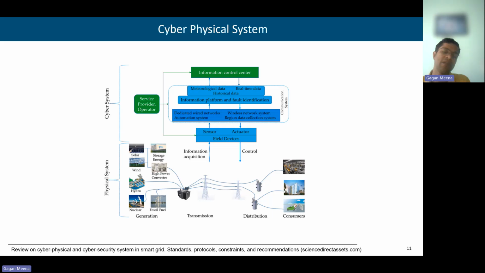All these systems will collect data from the actuators in the field device, and then whatever decision is taken, that is to be communicated to the sensor via the device again, and then different types of analysis can be performed.